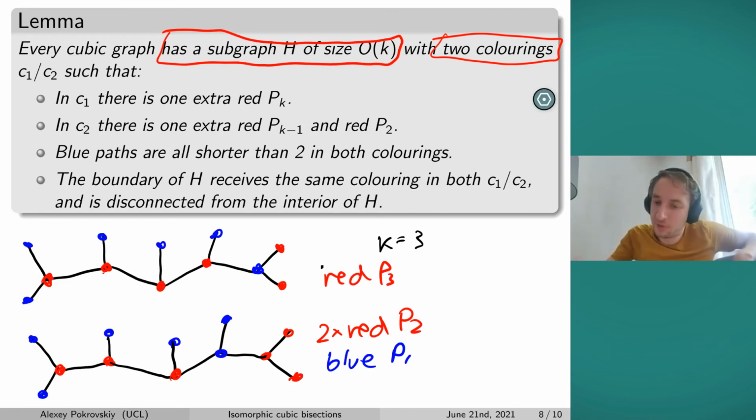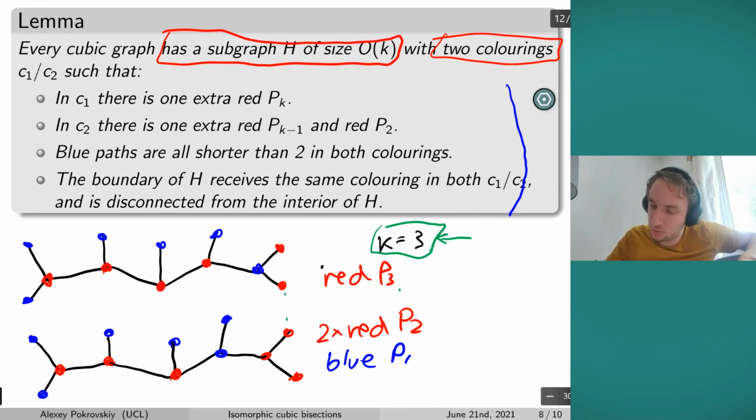So this is the kind of thing that this lemma says. It says that you can pick any path length, and you can get 2 colorings of a particular subgraph of a cubic graph, where the number of copies of this path length decreases by 1 between these 2 colorings. And aside from that, only the count of smaller paths change.